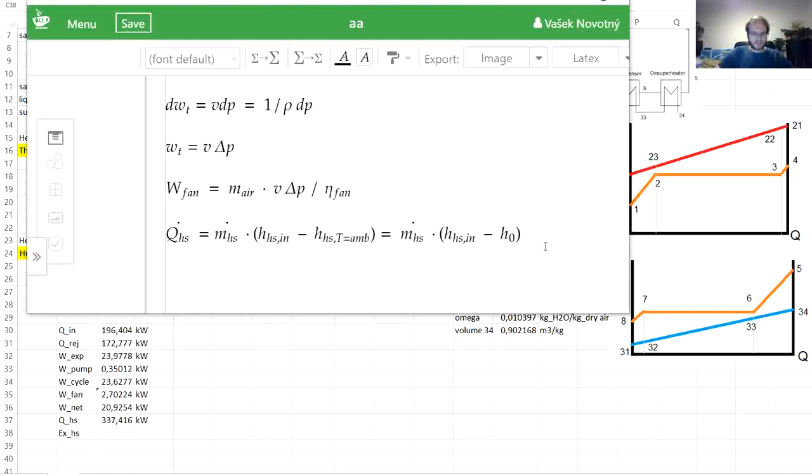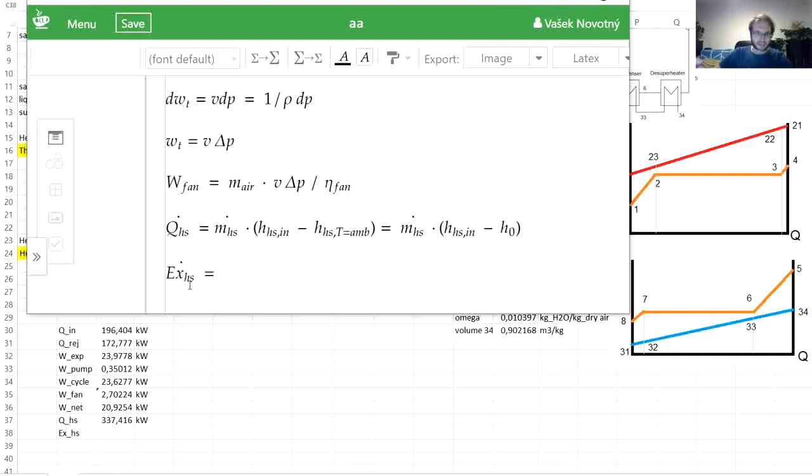And how is the exergy defined? The function for exergy starts somewhat similarly as for the energy of the heat source. So let's again start with this.